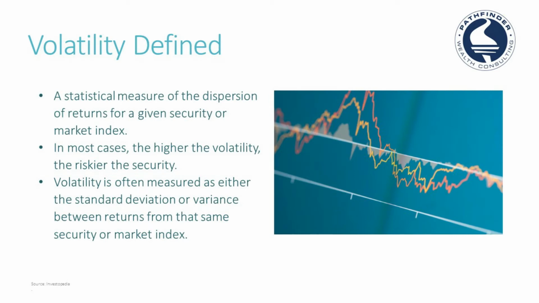This is more of what we'll talk about today, the more technical definition of volatility: a statistical measure of dispersion of returns for a given security or market index. So that's important. We could use volatility metrics for individual securities, whether it be an individual stock or a mutual fund, but also for a market index. I'm going to talk a lot about the S&P 500 stock index today, the 500 largest companies in the U.S.